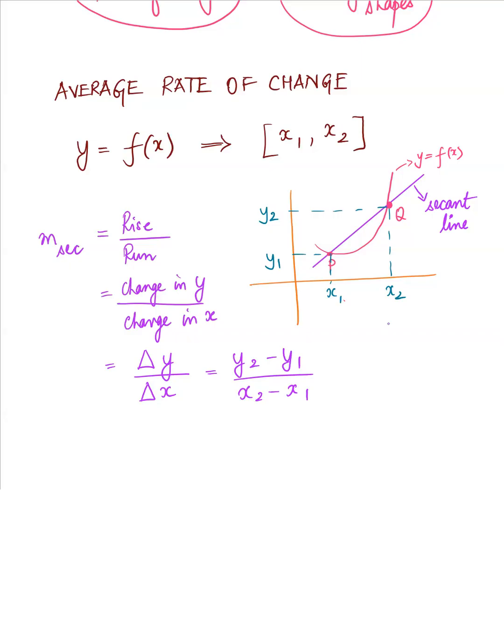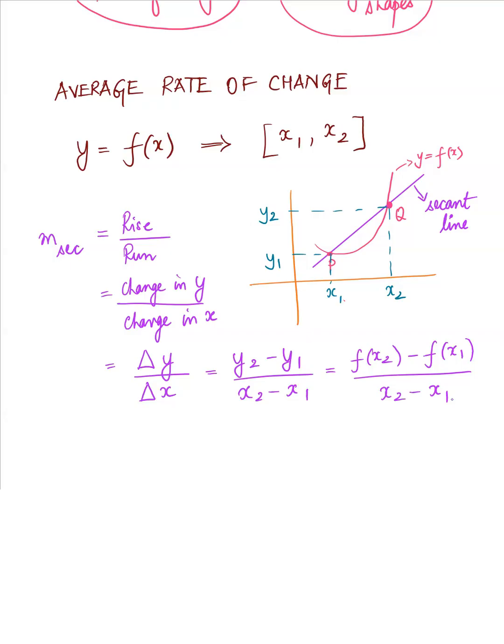So it's called a secant line. Now, if I were to write this in terms of function, y and x are a very trivial algebraic way, but we want to see them as functions. So I want to write the y2 as f of x2, because we know that is your y2, minus f of x1 over x2 minus x1. So this is our general formula. So this is basically the slope of the secant line. And it's a numerical value.